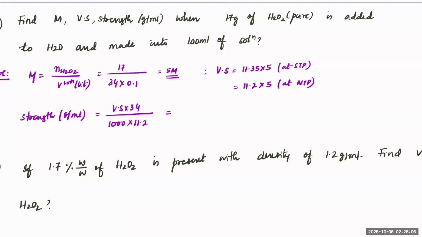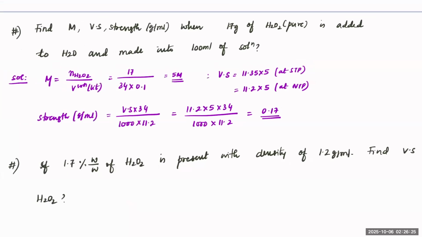So volume strength is 11.2 into 5 into 34 divided by 1000 into 11.2. So that 11.2 will get cancelled, and you'll get 0.17. This will be the strength.